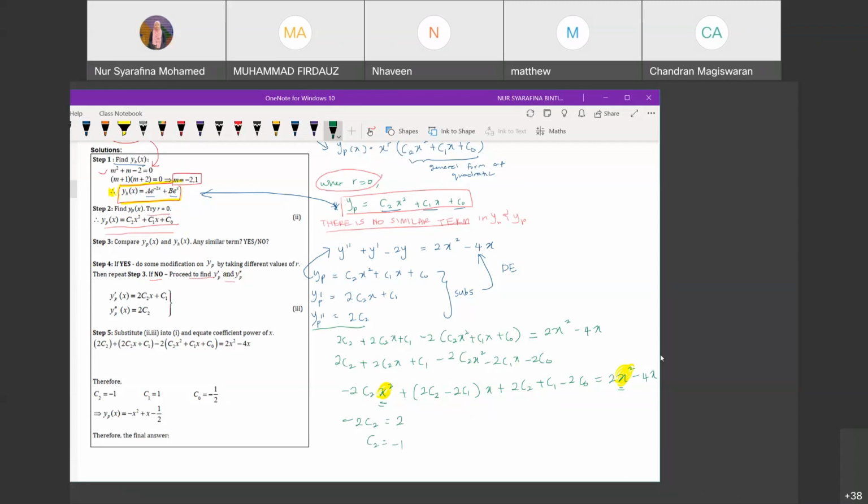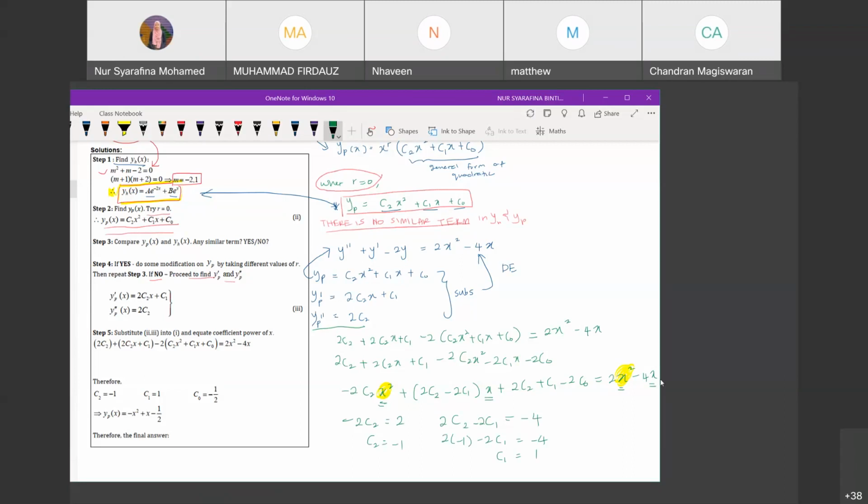And then for those with x, compare with x. So here you have 2c2 minus 2c1 equals negative 4. Solving this, you have your c2 already, just substitute. Then you can get your c1, which equals 1.